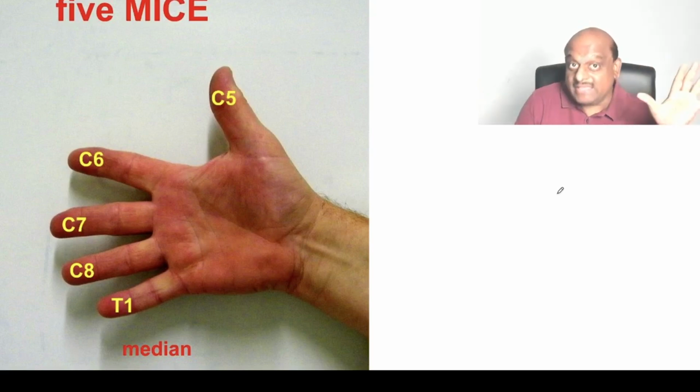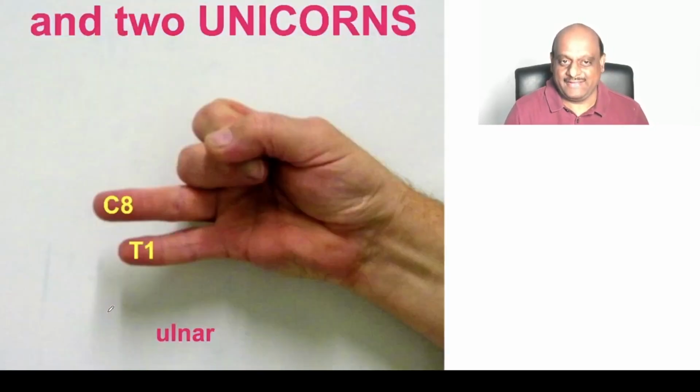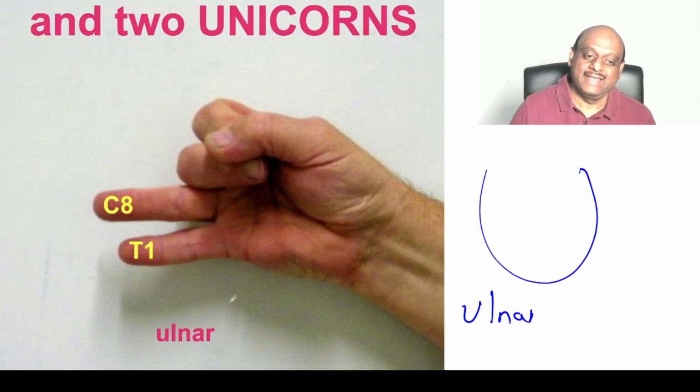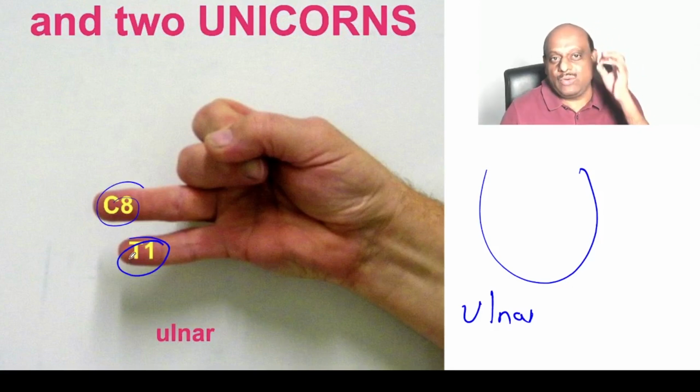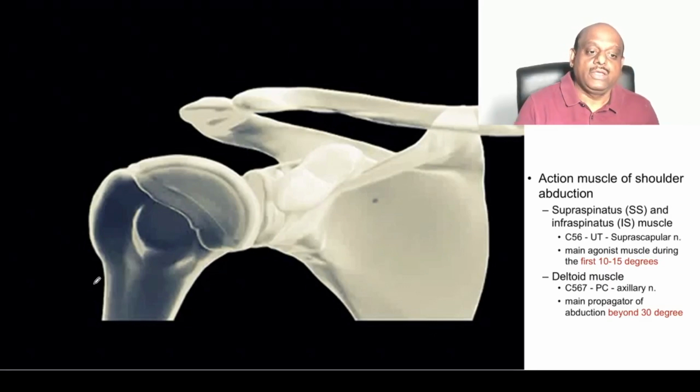The 5 mice, C5, C6, C7, C8, T1 is also the median nerve. And 2 unicorns, U for ulnar. So C8 and T1 is the root value of the ulnar nerve. The 2 unicorns is what you have to ultimately remember.